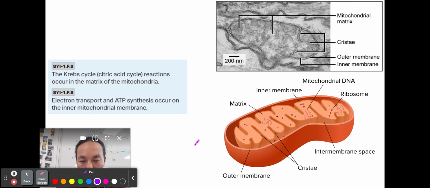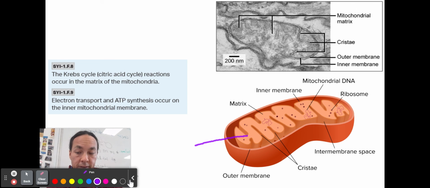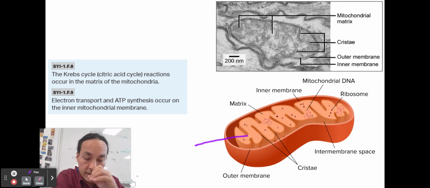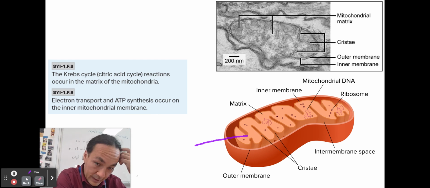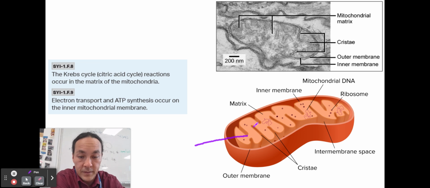It comes in here into the matrix. In the matrix, as many high energy electrons are stripped from it as possible, and the carbon and oxygen will be expelled as carbon dioxide, so CO2 will leave, and they will carry these high energy electrons to the inner membrane.